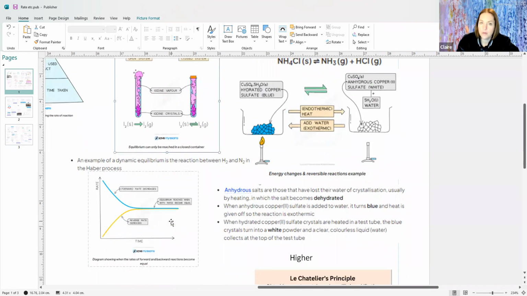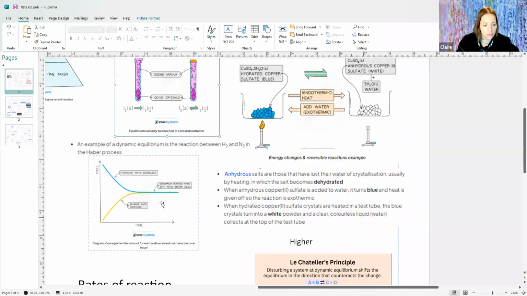If you put these equilibrium equations onto a graph, it would look something like this. The forward reaction is going from left to right, and the reverse one is going right to left, just to clarify.